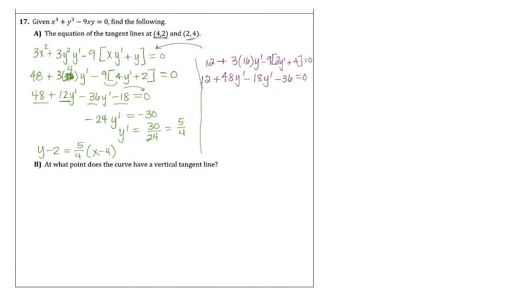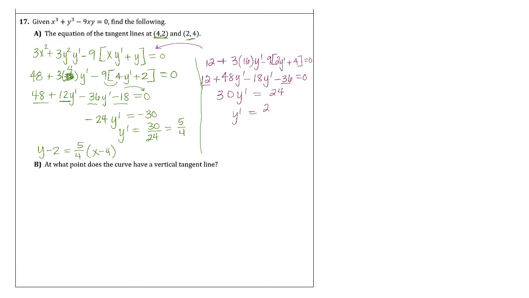And let's see, putting stuff together, we're going to have 30 y prime equals, well, if we put those two together, we're going to have 24, and we're going to move it over to the other side, so it's going to be a positive 24, and we're going to divide that by 30.